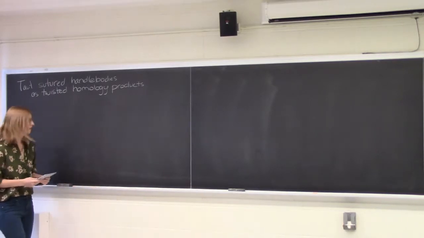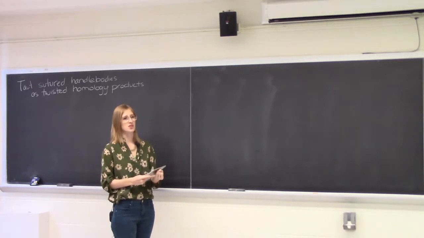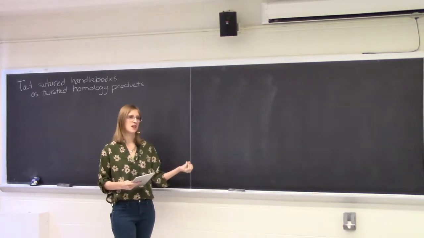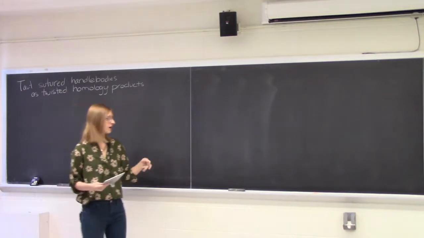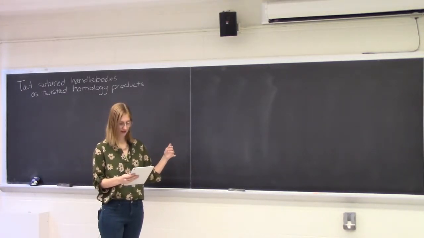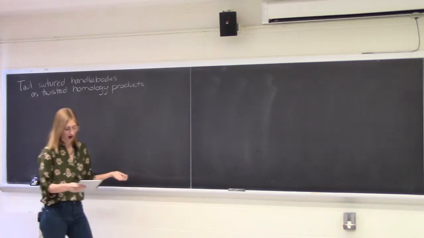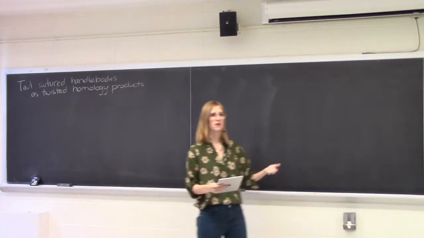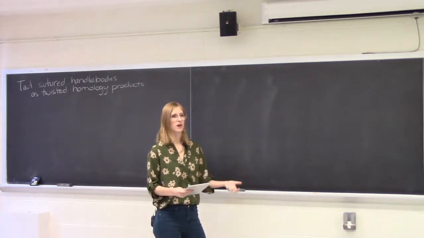A few examples of this. If you are familiar with the prime decomposition of a three manifold, basically you're finding two spheres to cut your three manifold open along. Another example is the JSJ decomposition, where you're finding tori to cut along.